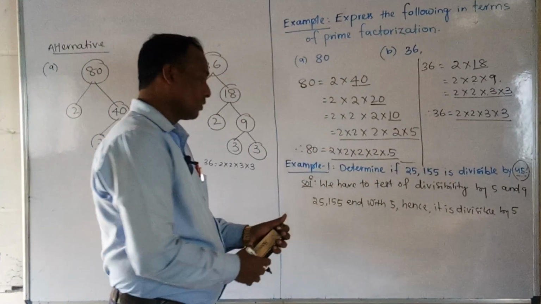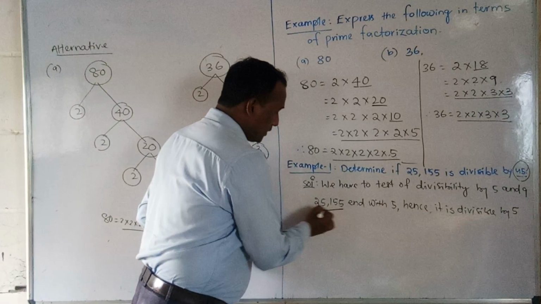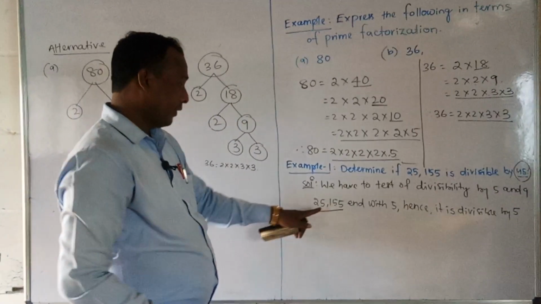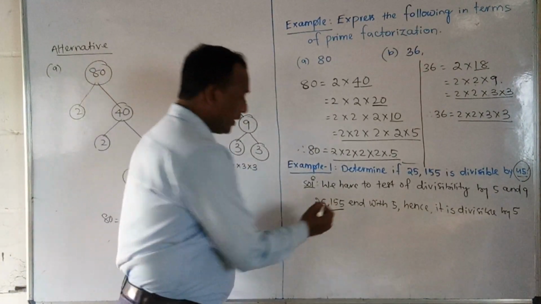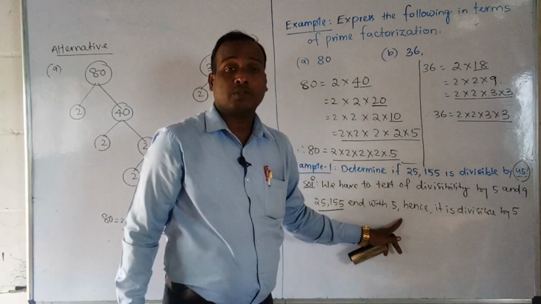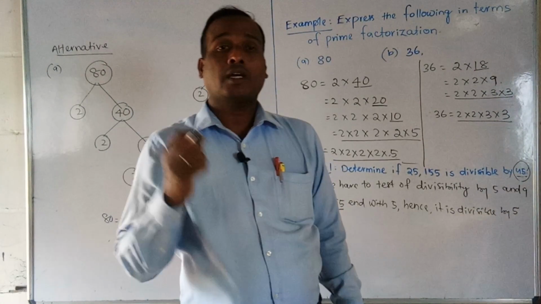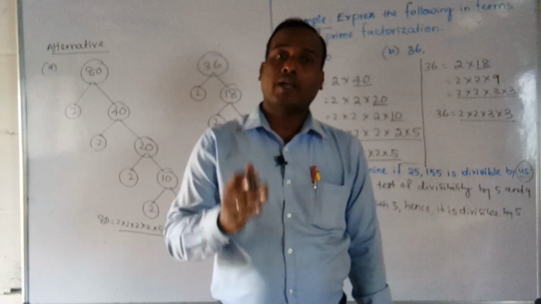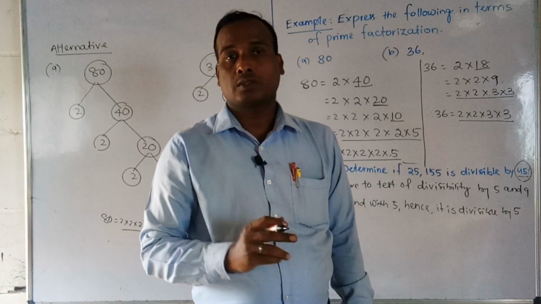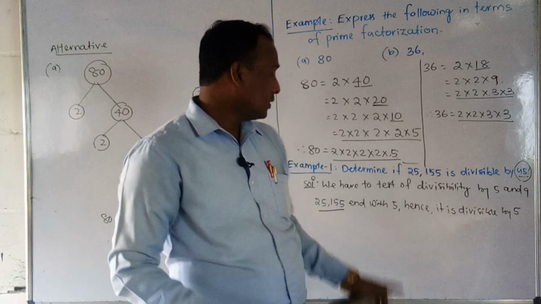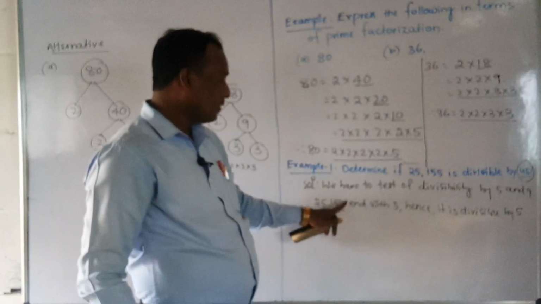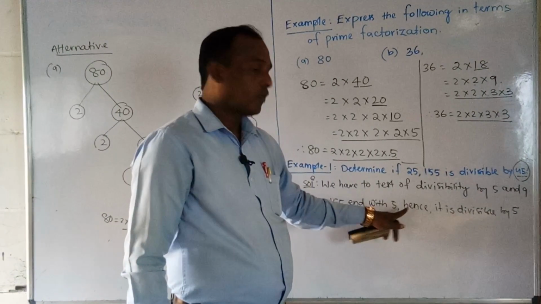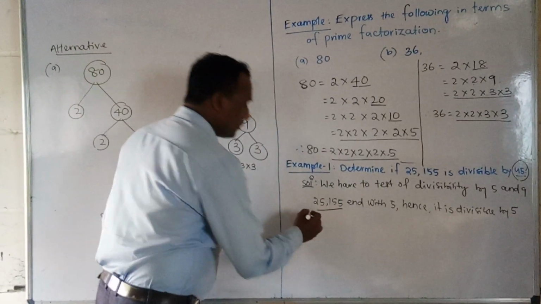Look at here, friends, this is our number, 25,155. What is the divisibility rule of 5? If a number ends with 5 or 0, that number is divisible by 5. It ends with 5. Hence this number is divisible by 5.